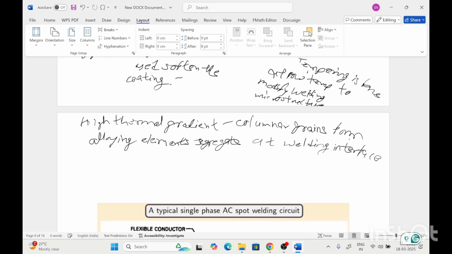Because of this segregation of alloying elements, the welding interface region will become brittle, meaning the strength of the welding joint is less. To remove this effect, quenching and tempering is done.